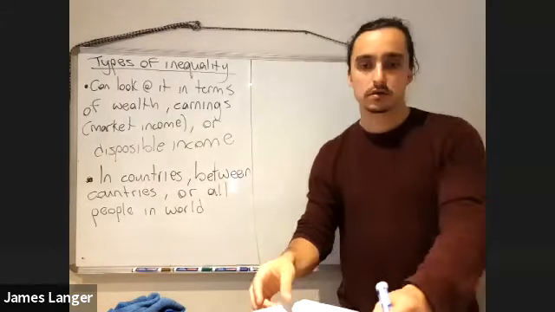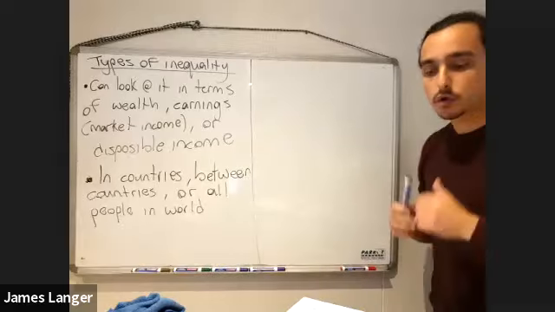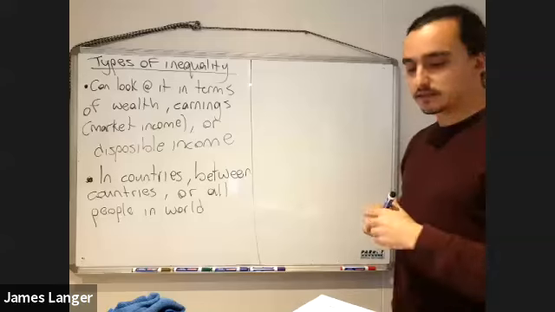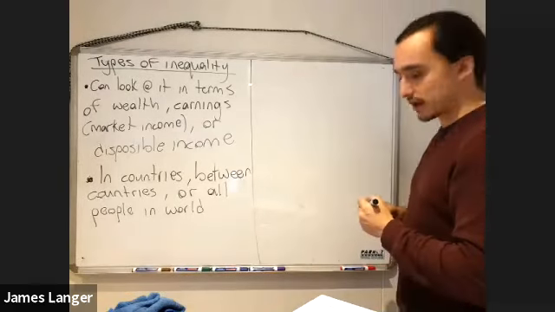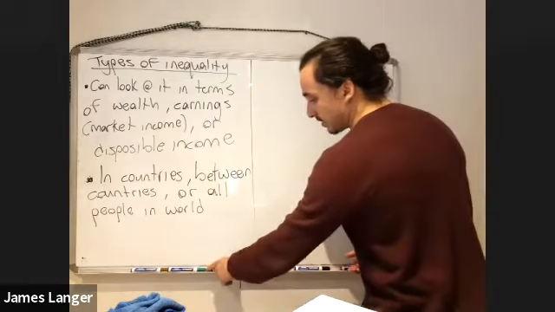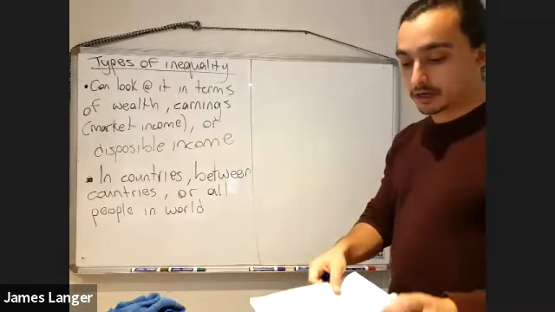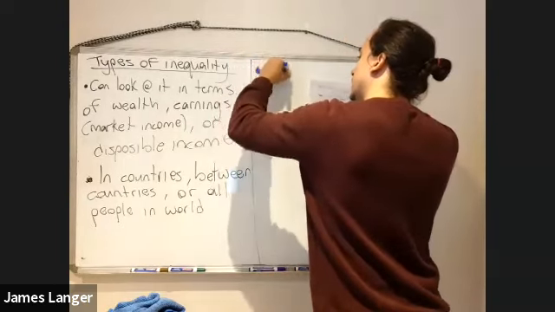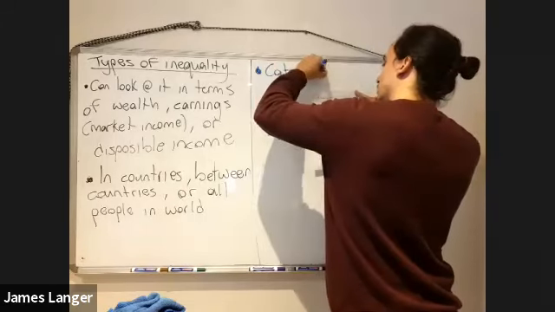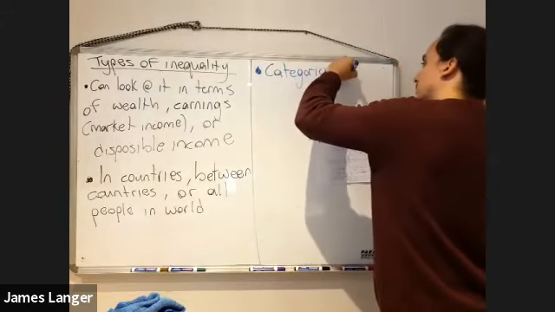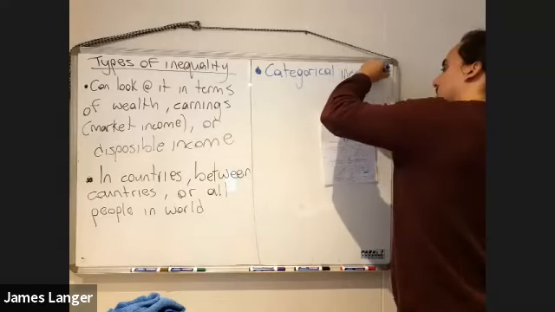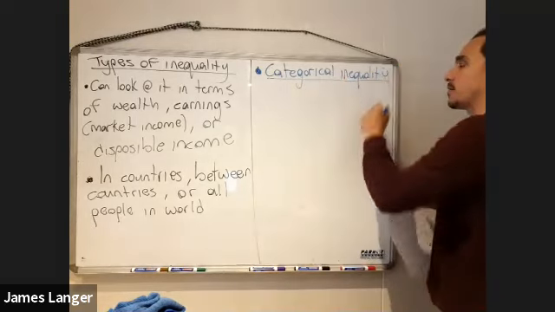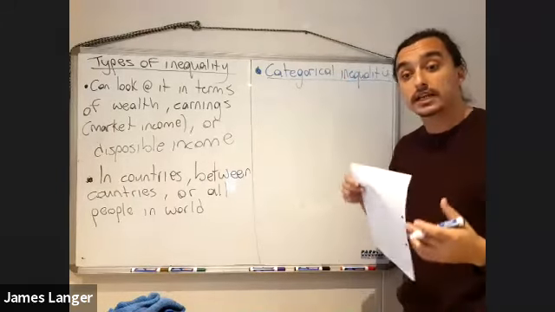Going once, going twice. Okay, cool, guys. Now the more important stuff that we want to be learning about is these two terms, which I'm about to write up on the board. One of the types of inequality that we are going to be looking at is categorical inequality. This is the type of inequality that we talk about a lot in our society.